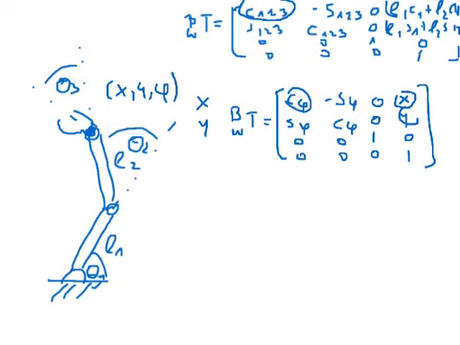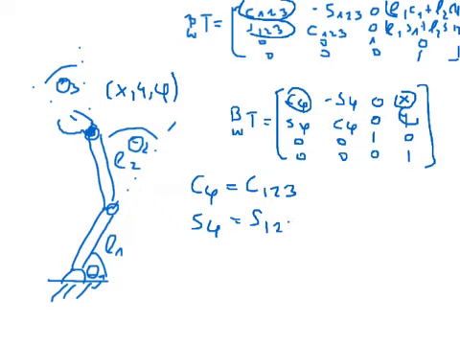So we can actually write that down. We can write down cosine of phi is cosine of theta 1 plus theta 2 plus theta 3. Similarly, sine of phi is sine of theta 1 plus theta 2 plus theta 3.